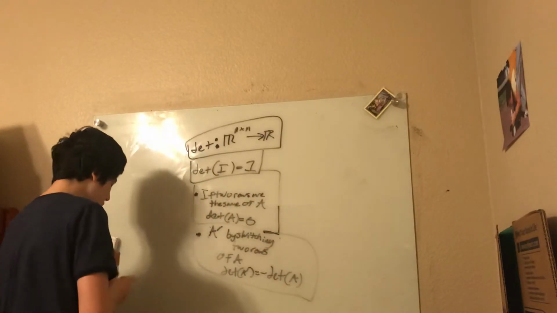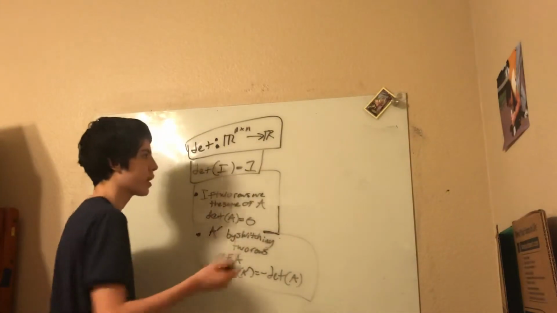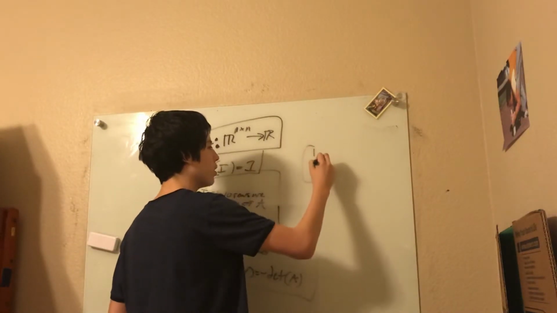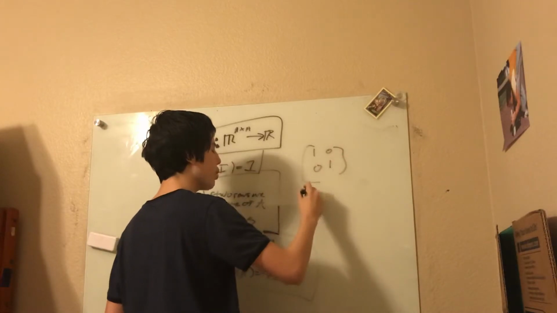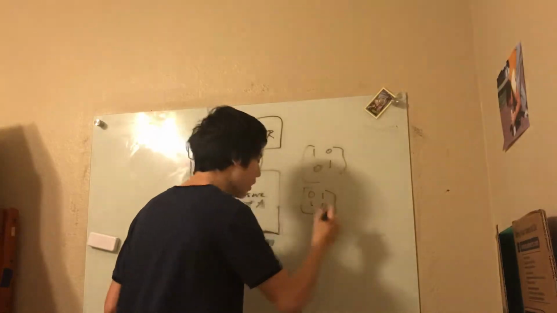Let's look at the base case, the identity matrix. If we switch the two rows, we get 0, 1, 1, 0.